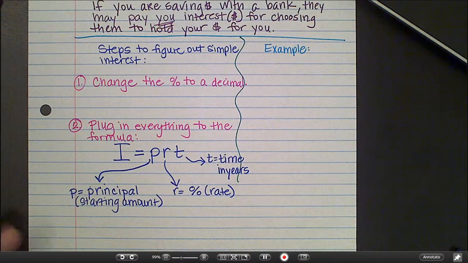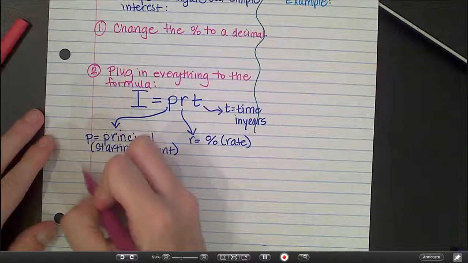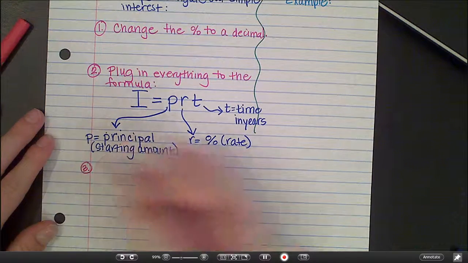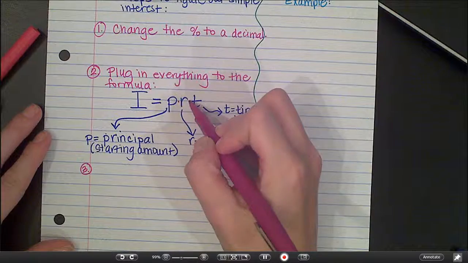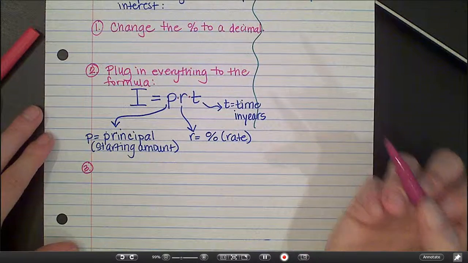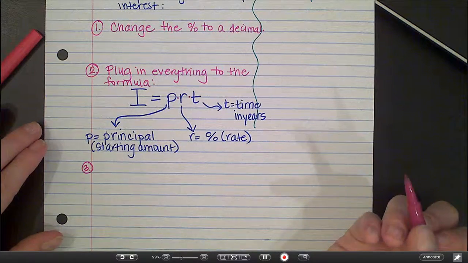After you plug everything into your formula, if it's any of these, you know that when they're right next to each other, they're multiplying each other. So it's any of those, you're just multiplying.